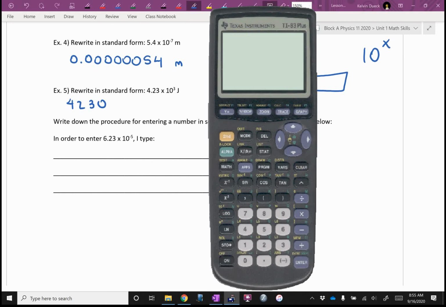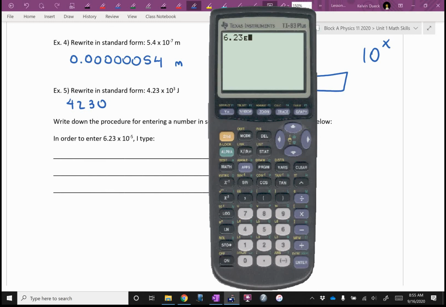Instead, to enter 6.23 times 10 to the -5, everybody's going to type along with me. You are going to type 6.23, and then you're going to press your scientific notation button. Notice we did not press times, we did not press 10, we did not press to the power of. That scientific notation button is such a great shortcut. That one button contains the times symbol, the 10, and the to the power of.